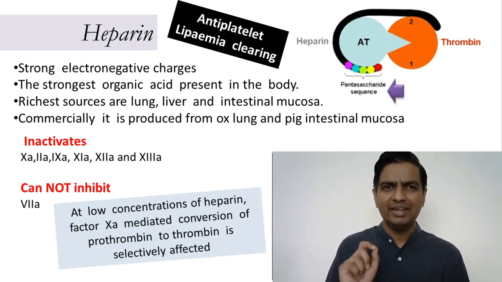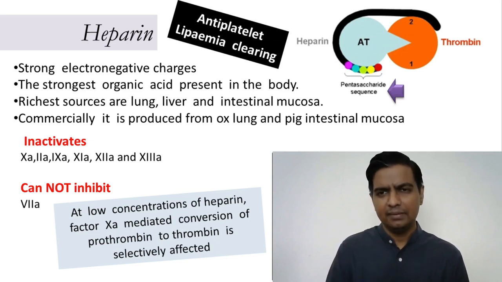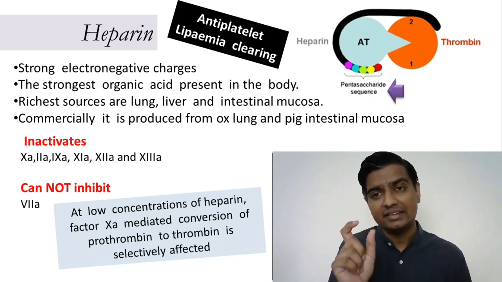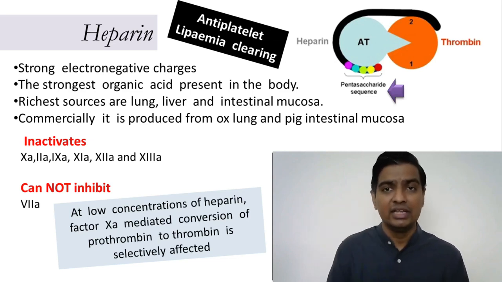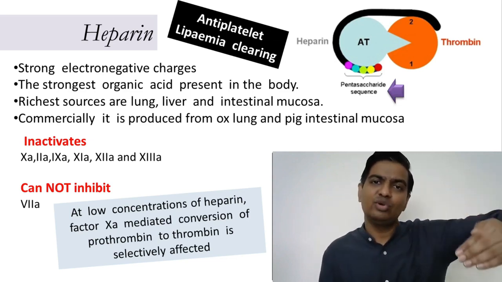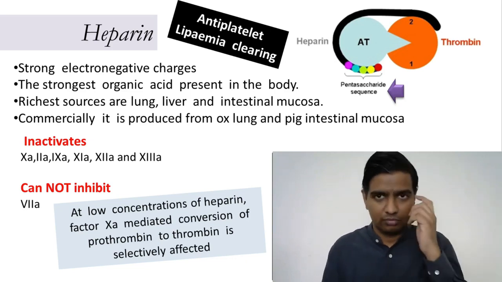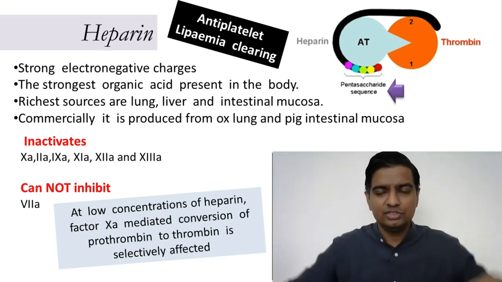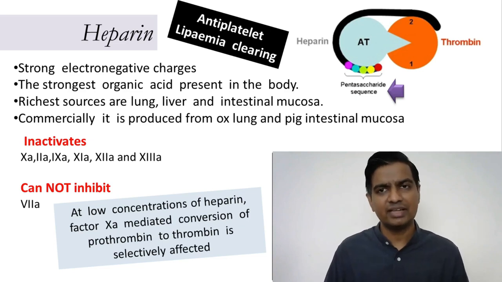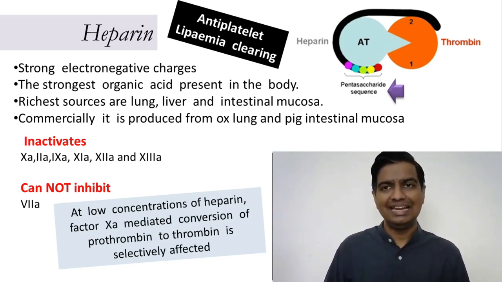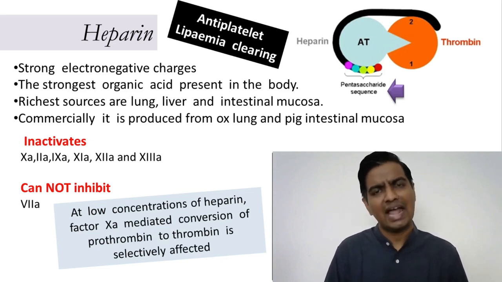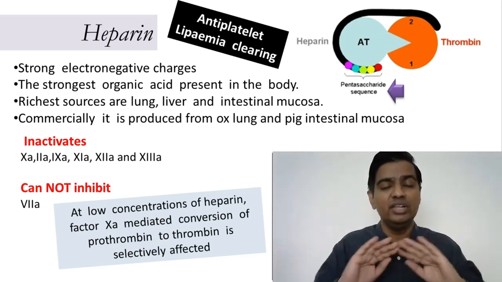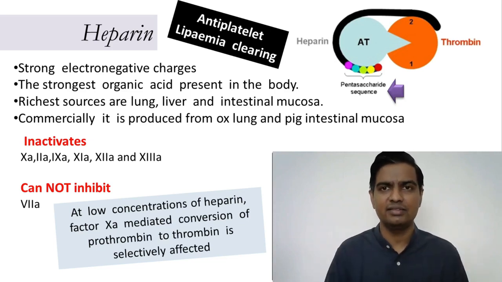Remember, when I was explaining heparin, I just said pentasaccharide sequence binds to antithrombin and gets activated. The other part of heparin is only a scaffold, right? It's only bringing things together, but activation is done by the pentasaccharide sequence. So does the length of that scaffold matter? Not much. If you want to activate antithrombin, the scaffold is not important, only the pentasaccharide sequence is important.